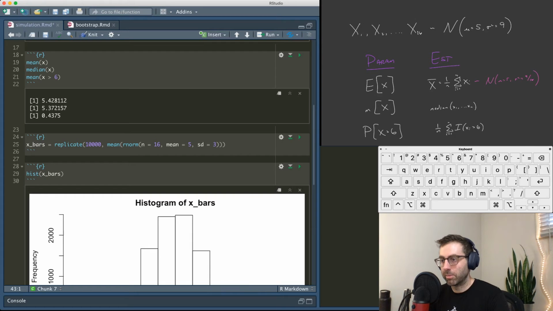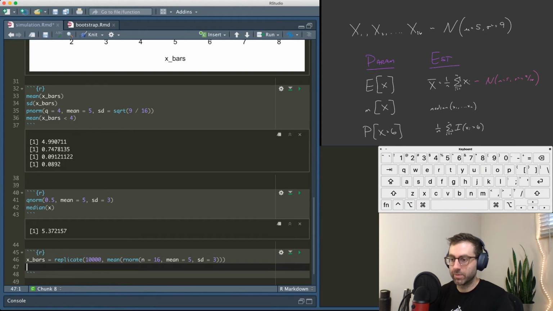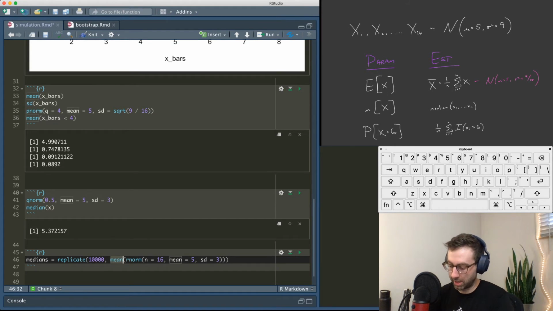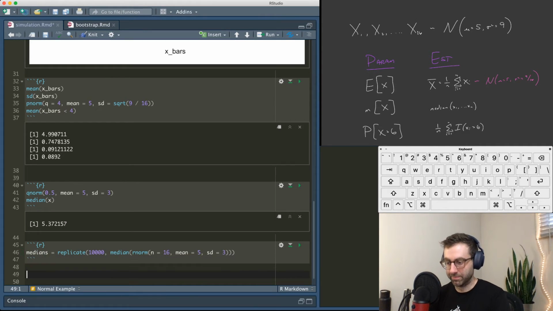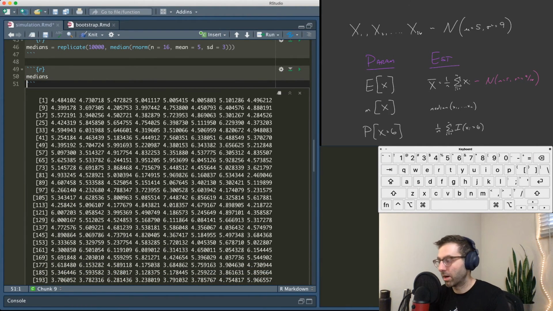So I basically want to repeat the same process. I'm going to steal some code for myself. I'm now going to call this medians, and instead of calculating the mean each time, I'm going to calculate the median. So these are a bunch of simulated medians now.